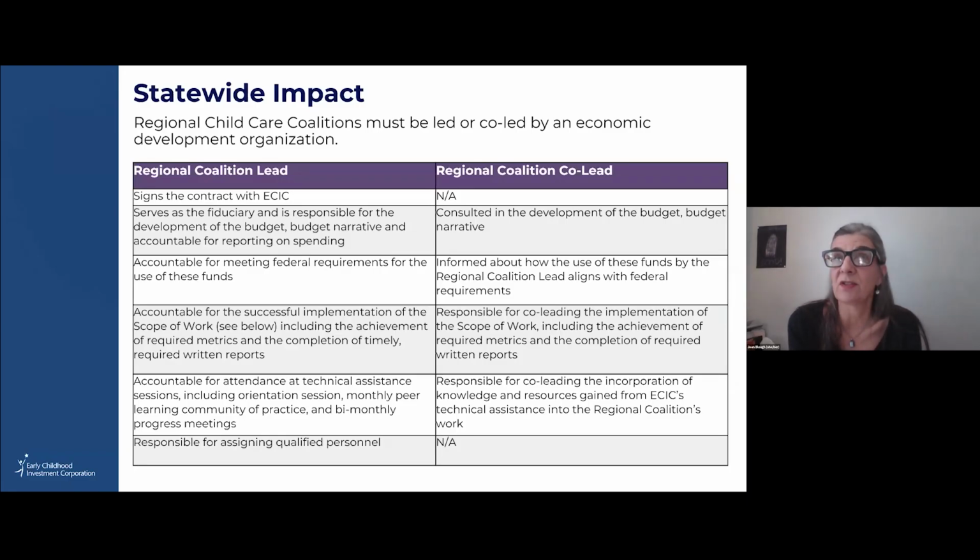And then it will also include coming to and being prepared for and participating in the bi-monthly progress meetings. Ultimately, the lead is responsible also for assigning qualified personnel, which we'll talk a little bit more about when we talk about the application questions and the budget.